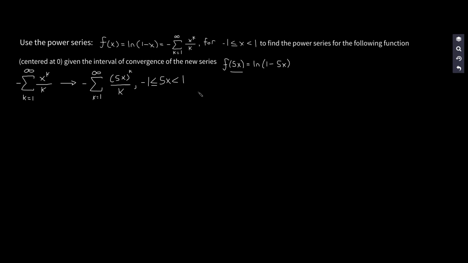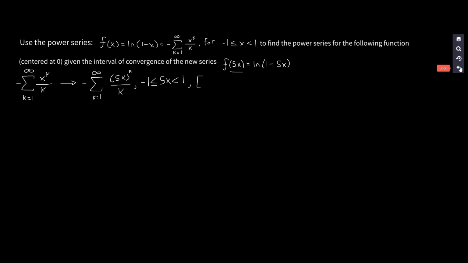So in order for us to find out what x can be, we just divide the whole inequality by 5. If we divide the entire inequality by 5, and then put it into proper interval notation, a less than or equal to sign is going to be a bracket, which means we include the value.